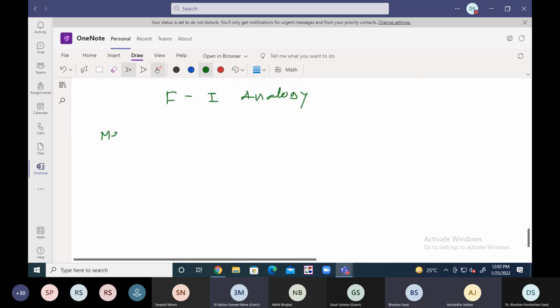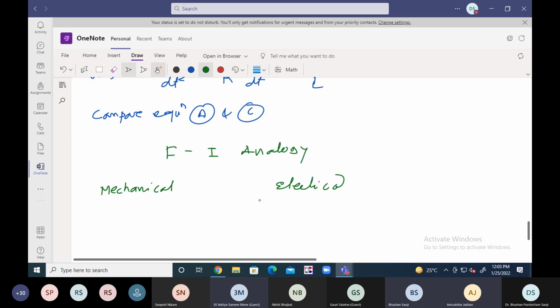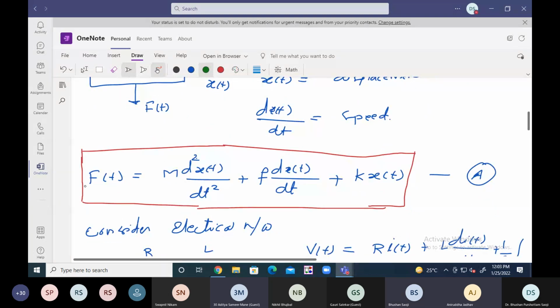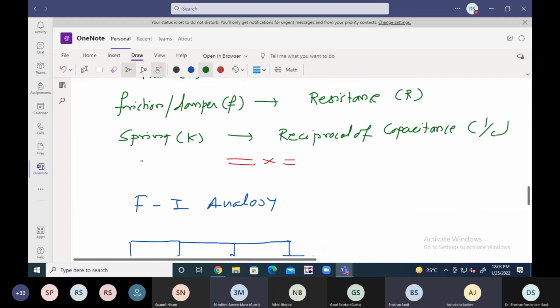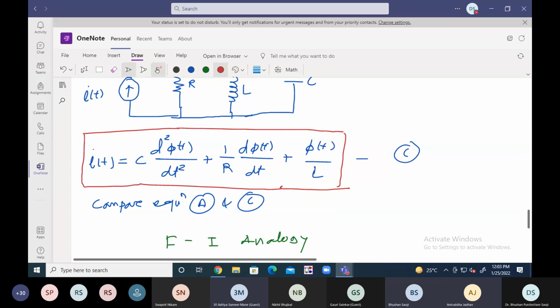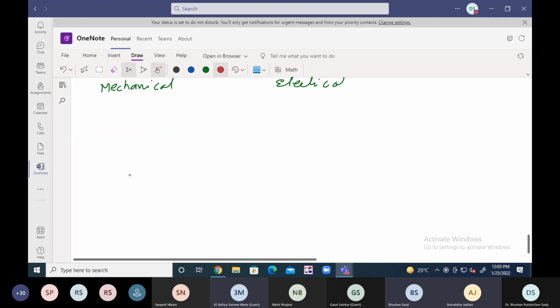Here we have the mechanical circuit, and here we have the electrical circuit. In equation A, on the left side there is a force, and in equation C, on the left side there is a current.